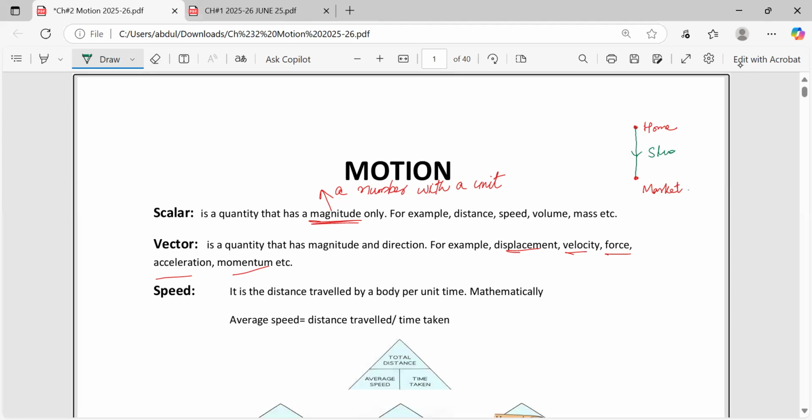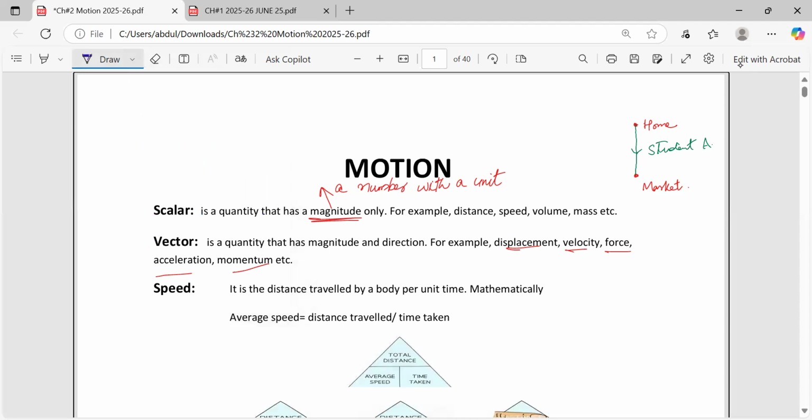The same thing was told to student B. He started from his home and went like this, moving around with his friends, and then he reached the market. This is the way student B reached the market.